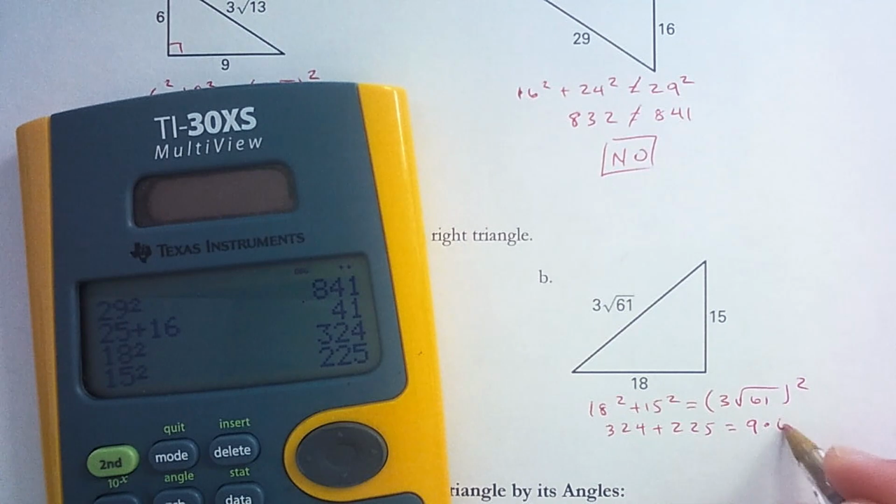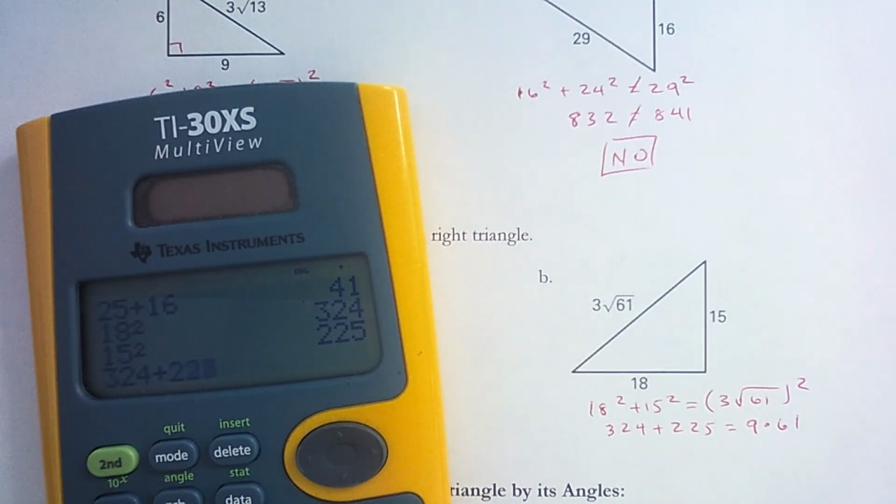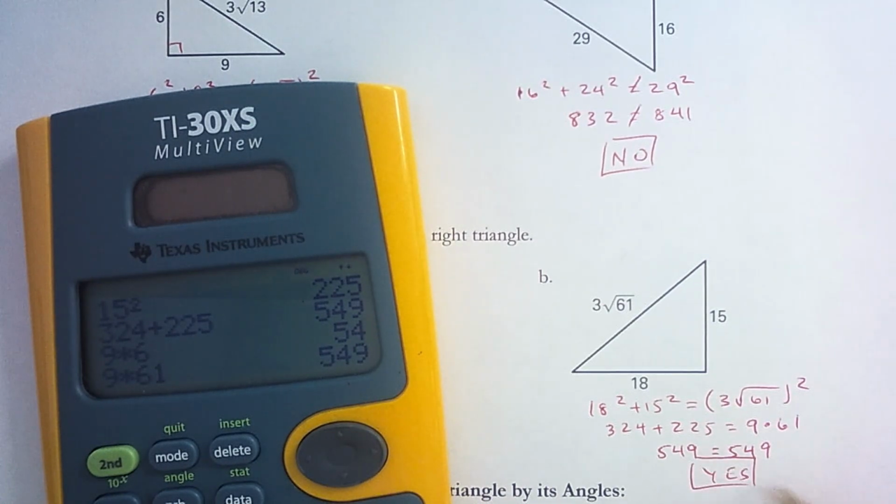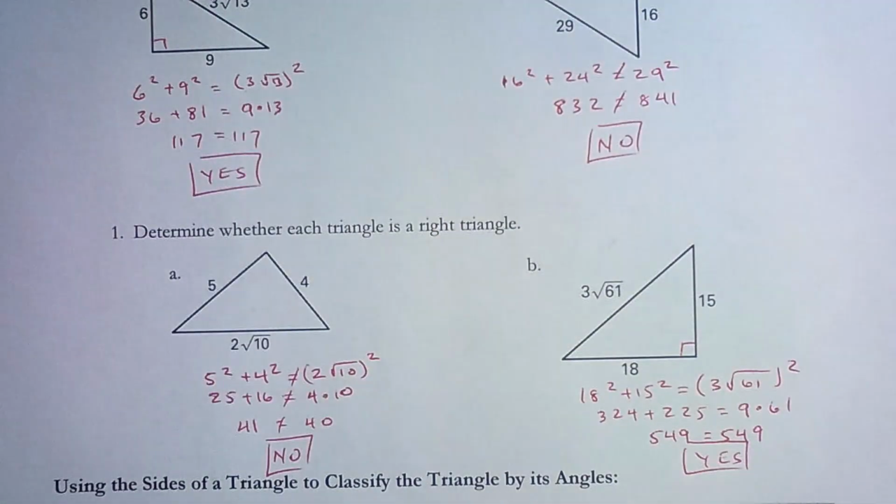The square root of 61 squared is 61. So I've got 324 plus 225, and that is 549. And 9 times 61 is 549, and those are equal. So yes, this one is a right triangle, and there's my right angle.